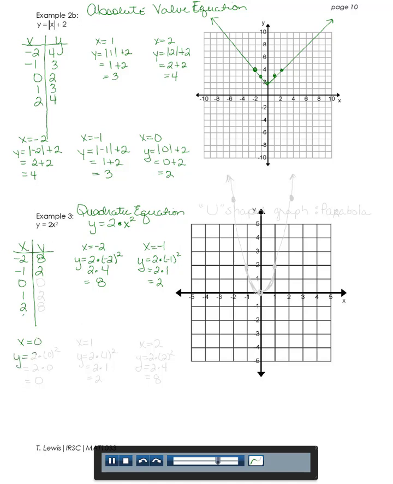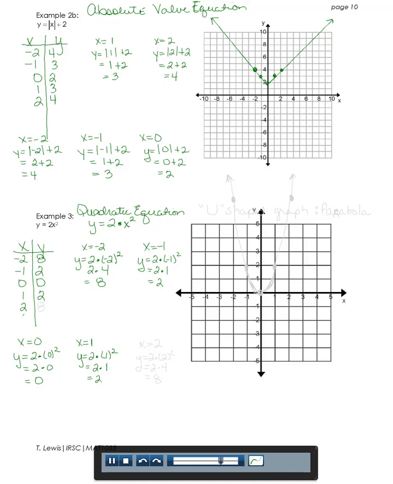Y is equal to 2 times 0 squared. Well, 0 squared is 0, and we multiply 0 by 2, we get 0. When x is 1, y is equal to 2 times 1 squared. Square 1, which is 1. And 1 times 2 is 2.